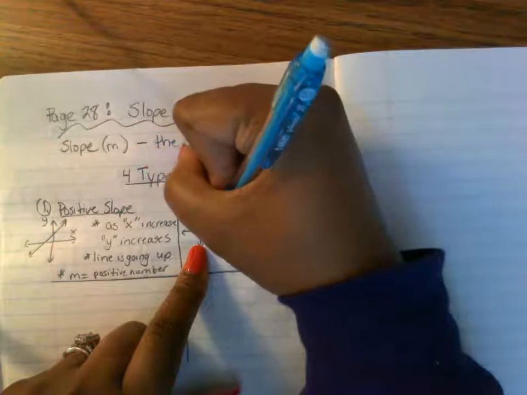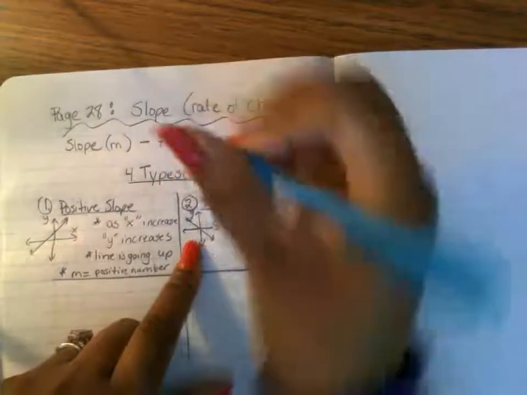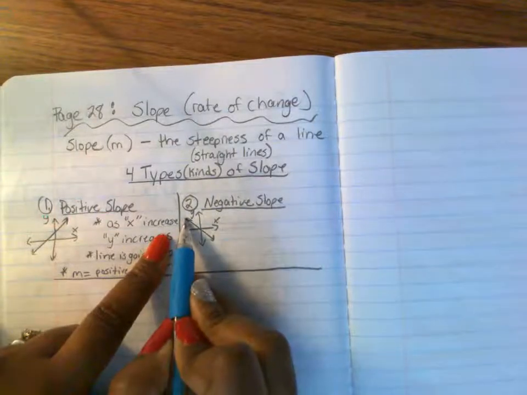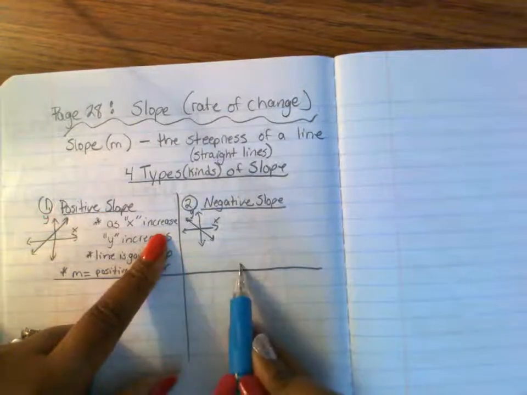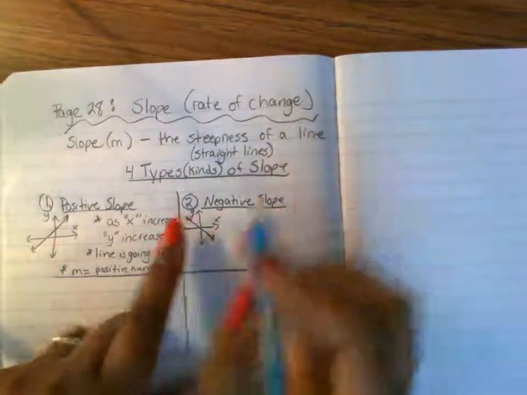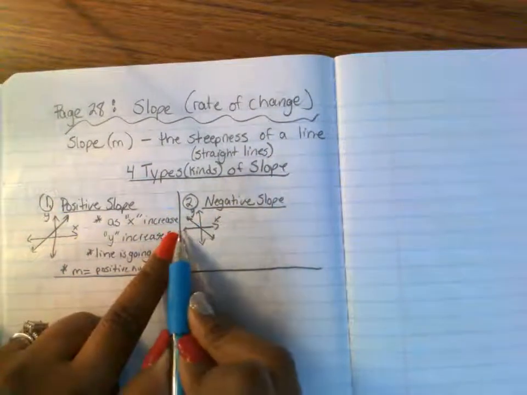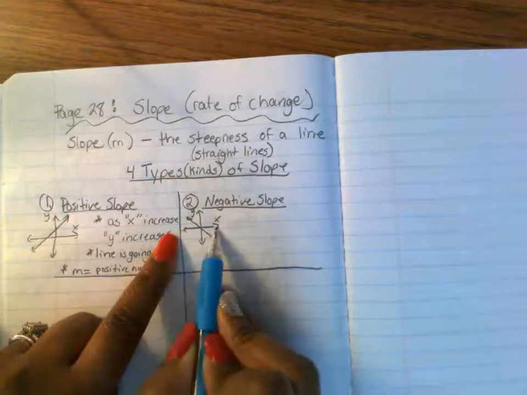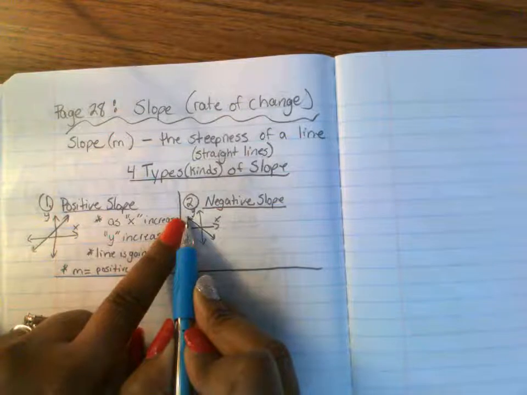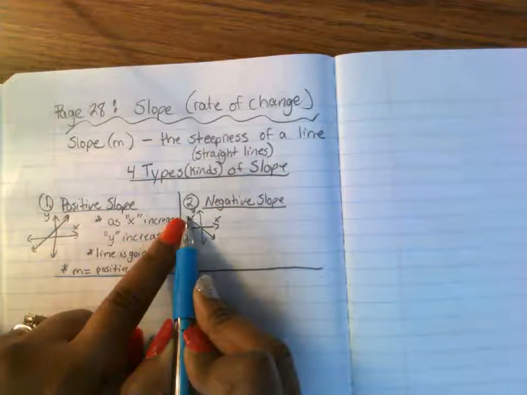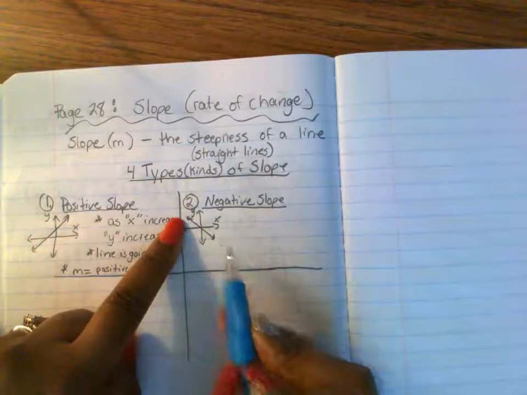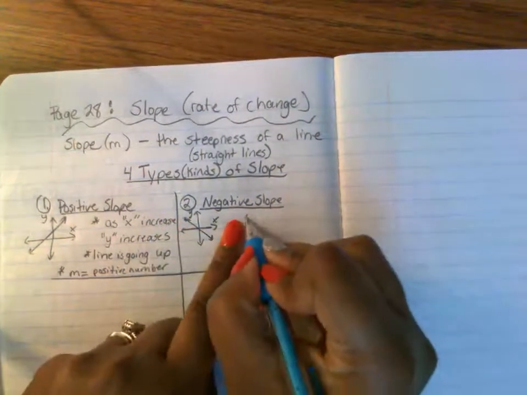As x increases, because you're always going to read from left to right, as x increases, y is decreasing. And x is always going to increase because you always read the x-axis from left to right, like you're reading a book. So the line starts up here, and what's happening as x increases? Y is decreasing. The line is going down. So I'm going to put my asterisk over here.